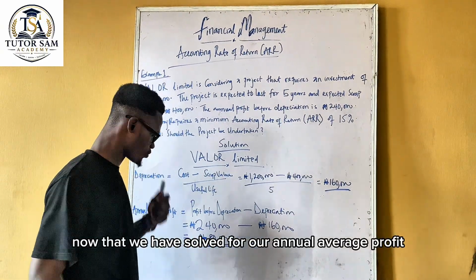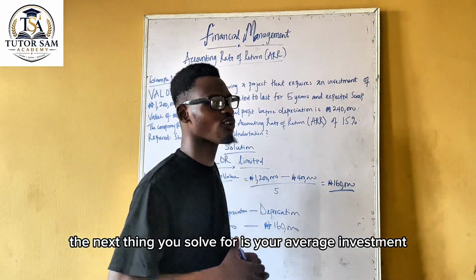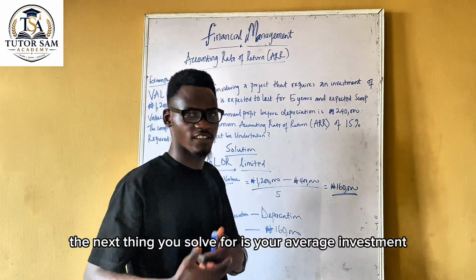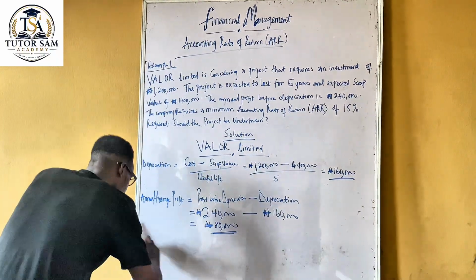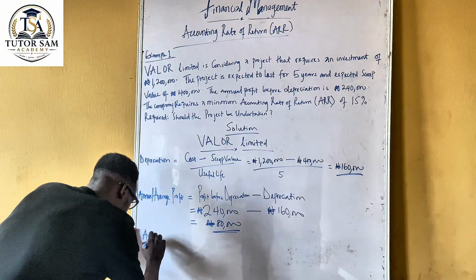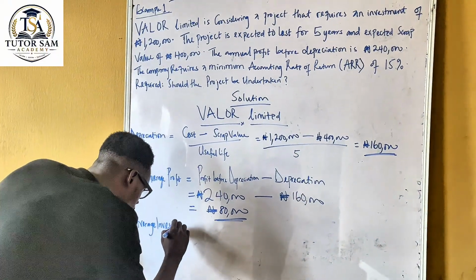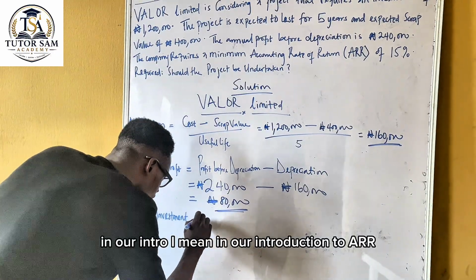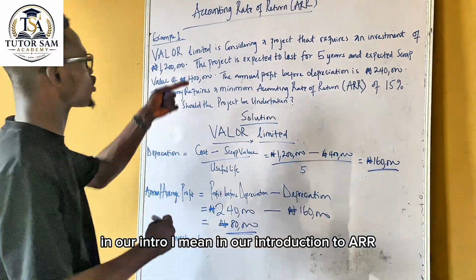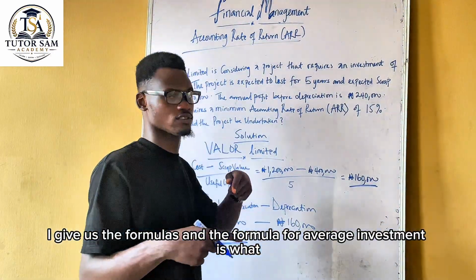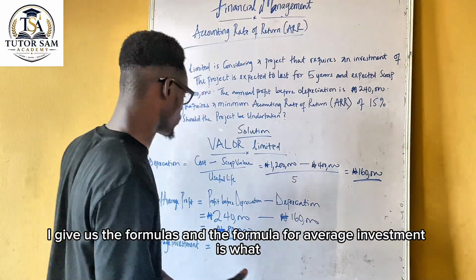So now that we have solved for our annual average profit, the next thing you solve for is your average investment. In our introduction to ARR, I gave us the formulas. And the formula for average investment is what?